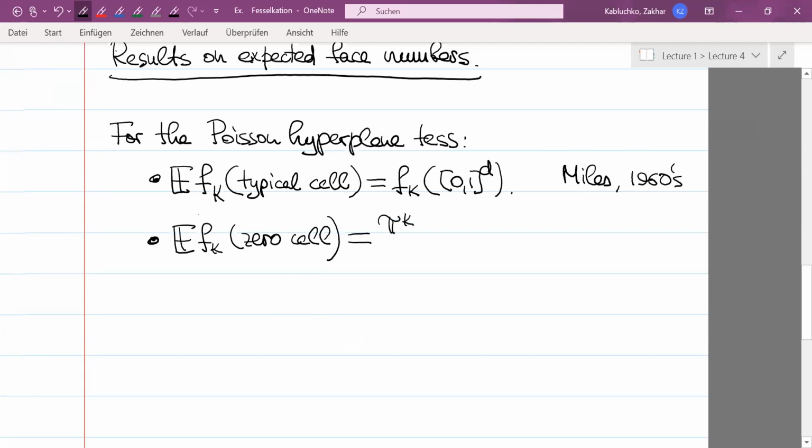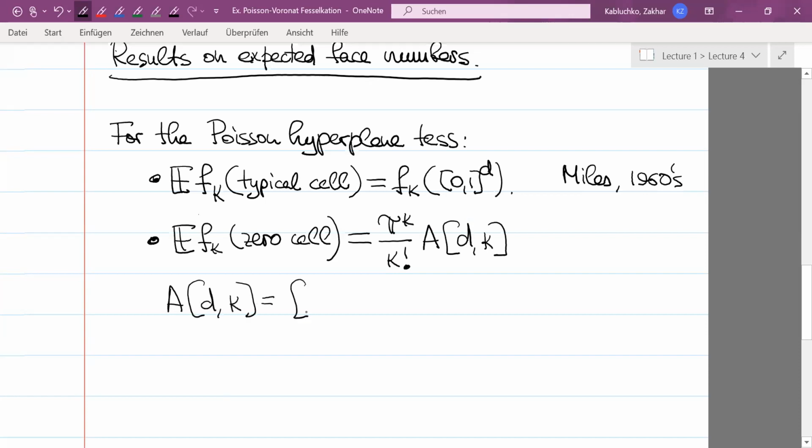It is pi to the power k divided by k factorial, times 1 plus d minus 1, and then we have some number a_{d,k}, which is given by the following formula. Here I would like to take the d minus k dimensional cell.